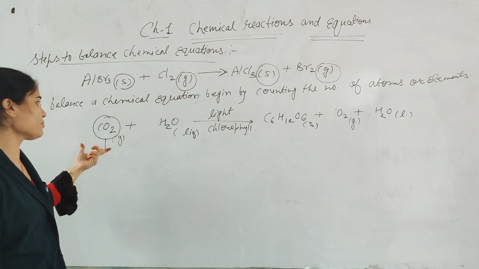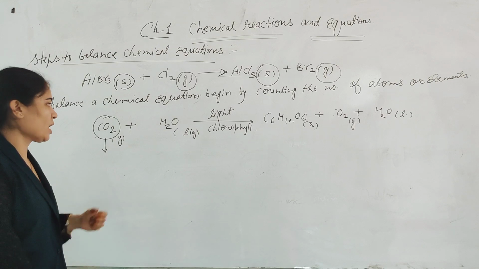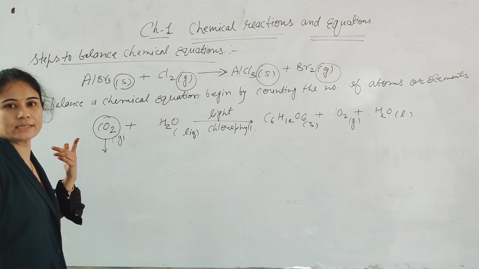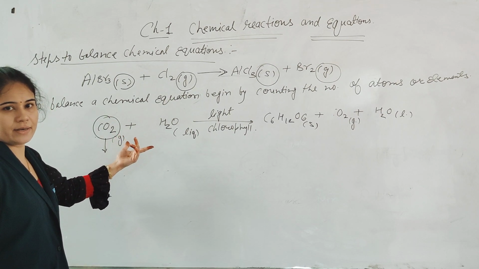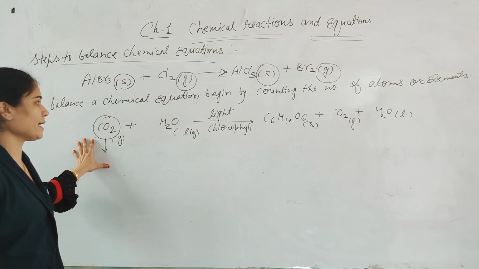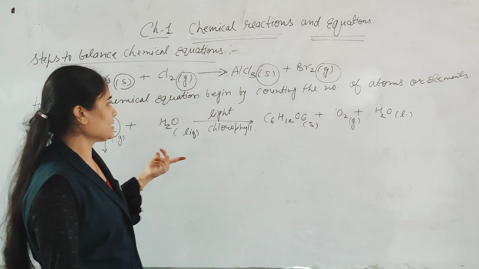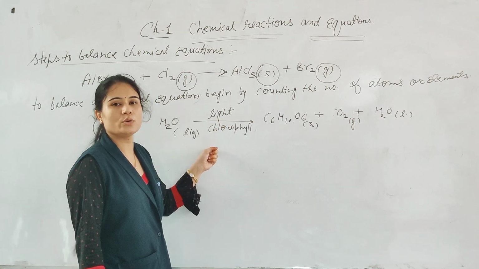Just like we are taking the photosynthetic reaction. This is photosynthesis. By the help of photosynthesis, plants can easily complete their life cycle. This is the photosynthetic reaction, carbon dioxide plus H2O. So, what is the necessary condition for the reaction? Light and chlorophyll.